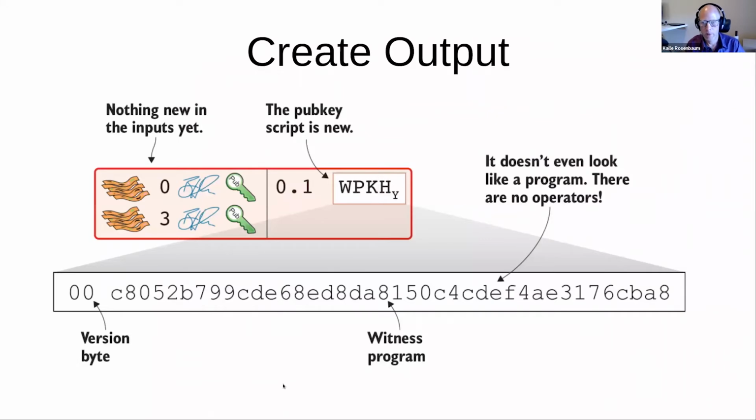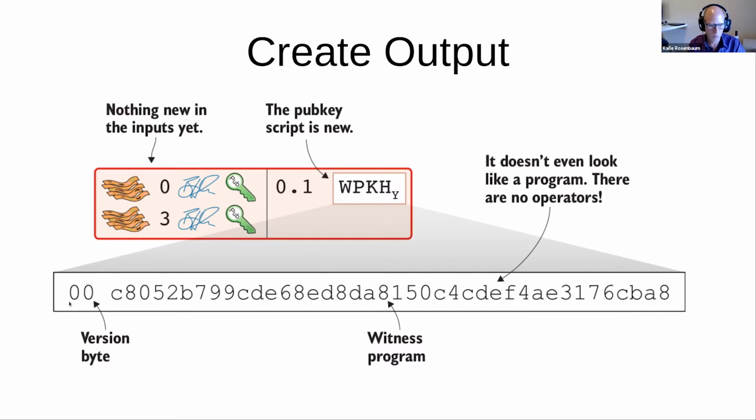And Amy will now create an output for me. So this is Amy's transaction that she's created, and she sends 0.1 Bitcoin to my witness public key hash. And if we look closer at this pub key script, it will look exactly like this.